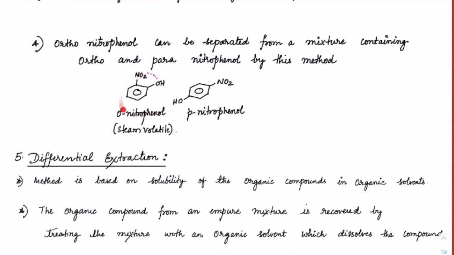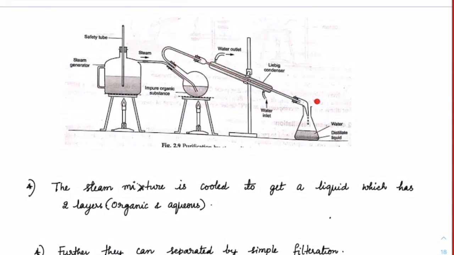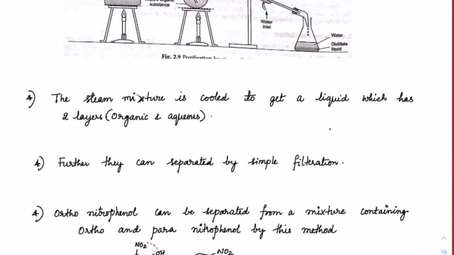So orthonitrophenol vapors along with steam can be condensed through this, and finally when you cool it and get the distillate, as I said, orthonitrophenol will be less miscible, so it will come out as an organic layer and water will be left over.